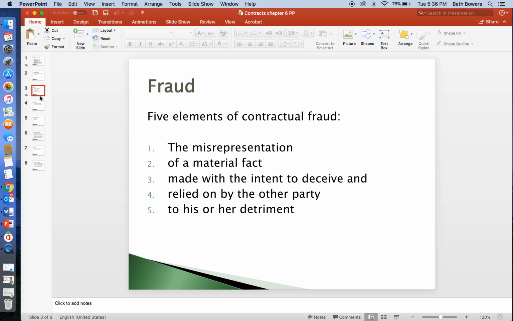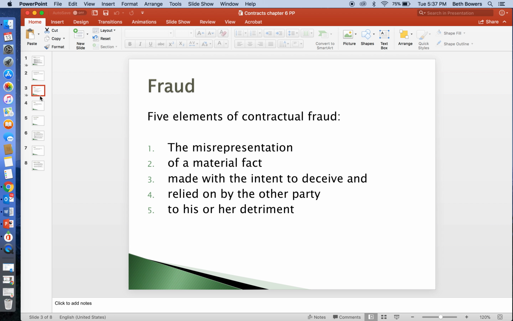But what a claim of fraud would seek to accomplish is to void a contract by saying, I didn't have the intent to enter into this contract knowingly or voluntarily, because I was fraudulently induced into entering into it.